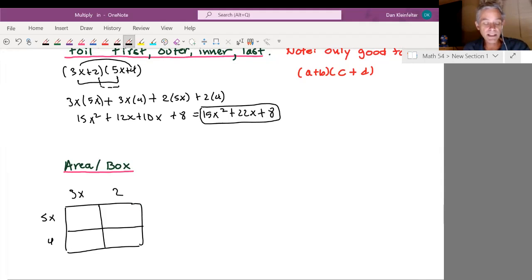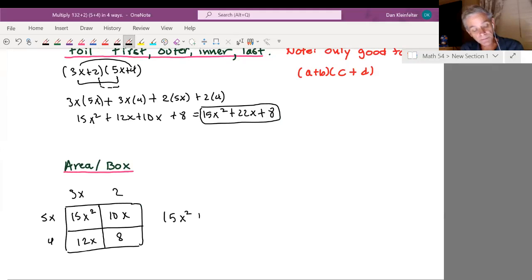I'm going to label the columns with the terms from one factor and the rows with the terms from the other factor. Then what will happen is we'll multiply the row and column labels together. 5x times 3x is 15x squared. 5x times 2 is 10x. 4 times 3x is 12x. And 4 times 2 is 8.